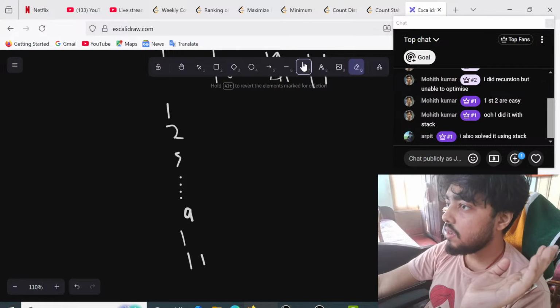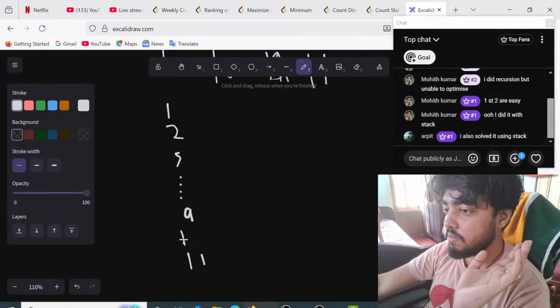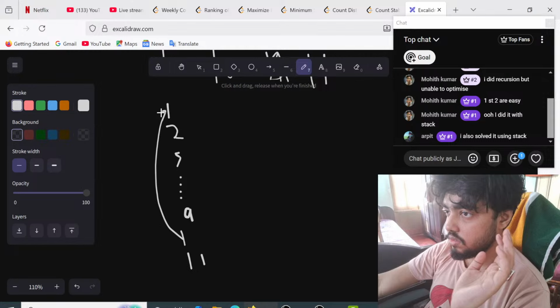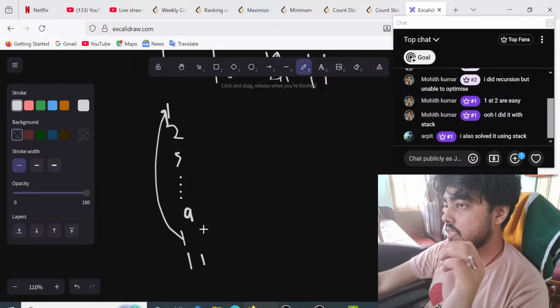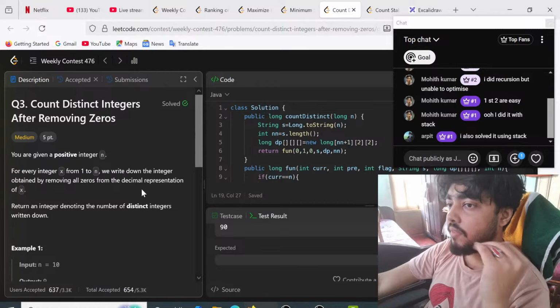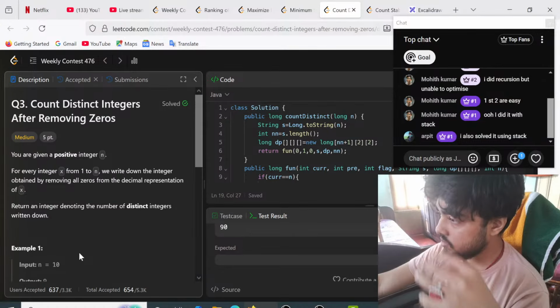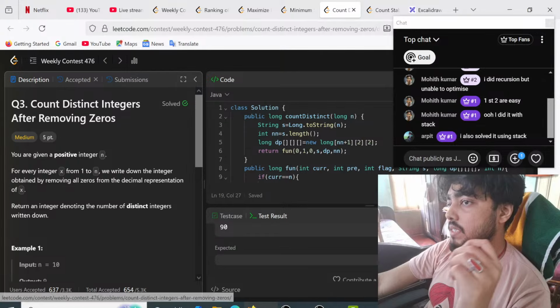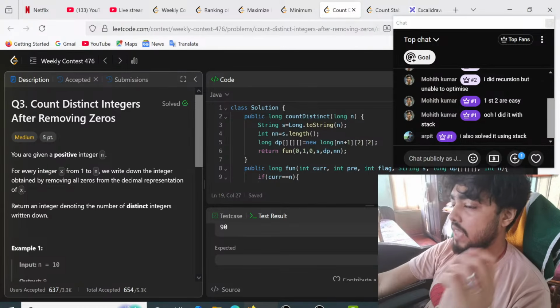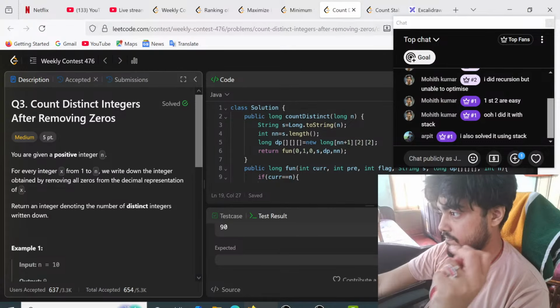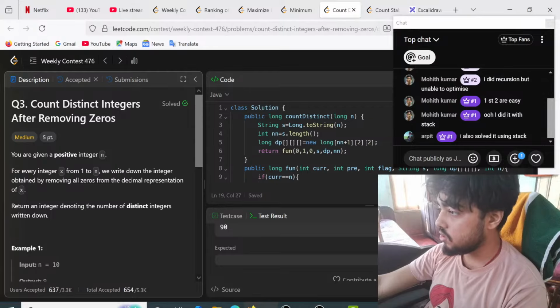So this one has occurred earlier also, so it is no more a distinct element. Basically, if we make the language of the question better, it is telling us you have to find the number of integers from 1 to n which have no zeros in them.